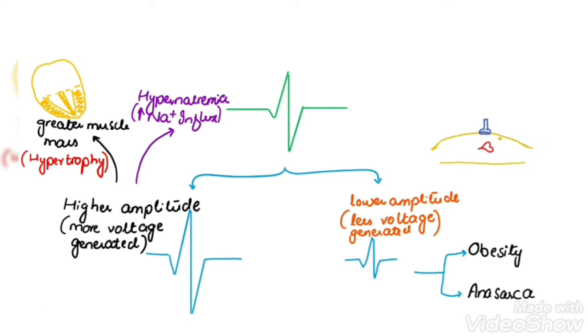Imagine an ECG probe electrode on the precordium and the adipose tissue between the heart and the probe. Therefore, in a thin lean person, the QRS complex will be of higher amplitude.